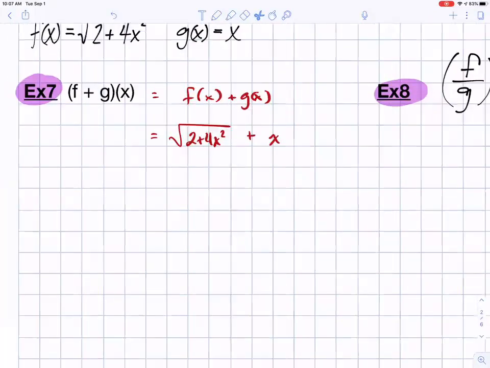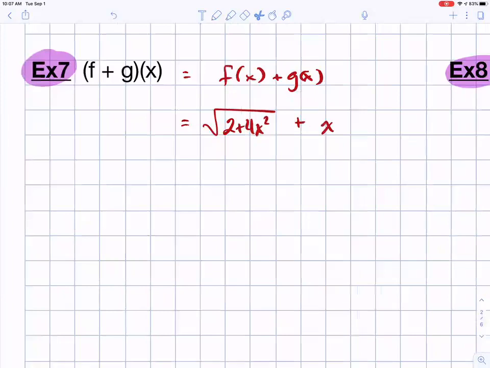Okay, so now back to you, Dylan. It wouldn't make any sense to take this side and multiply it by 2, because I don't want to know what that side multiplied by 2 is. I want to know what f plus g of x is. So the bottom line, guys, there's nothing you can do with this. It's as simple as it's going to get.